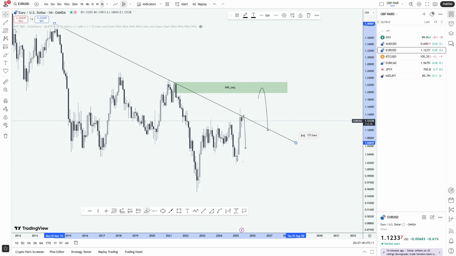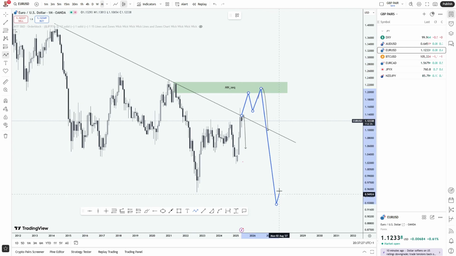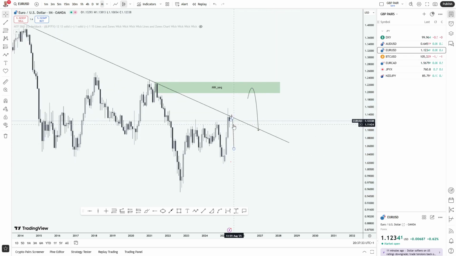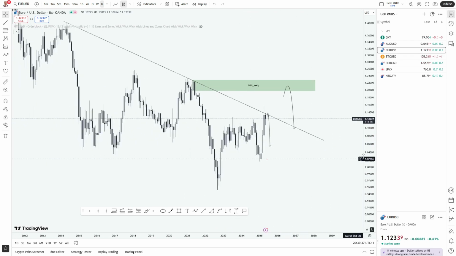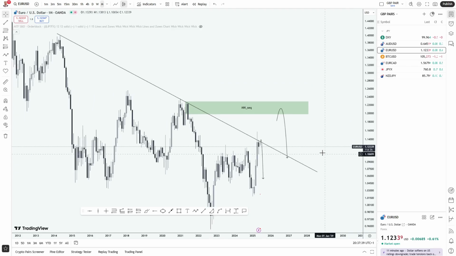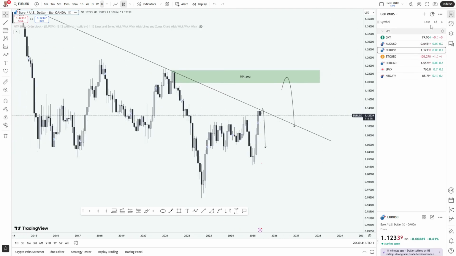But of course, experience will tell you that probably price may want to come all the way to this point here before going down, or it may actually take a detour from where it is right now to the downside.